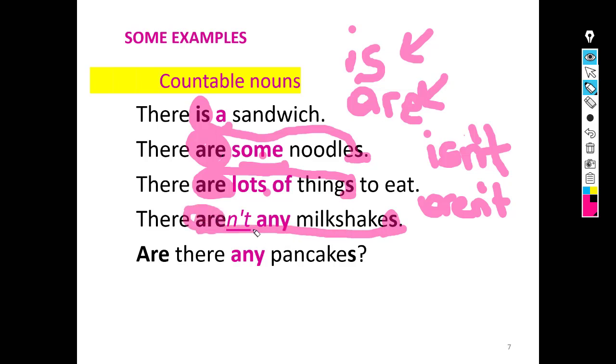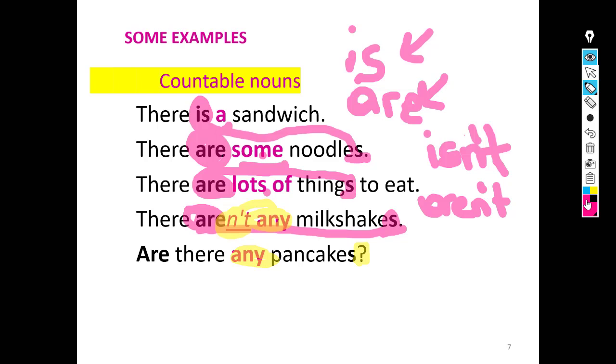But teacher, we have got not here. Not. Can you see? Not. It means negative. So we need any here. If you have got not in the sentence, we have to use any. Or if you have got a question form, yes, we use any. Look at these pancakes.